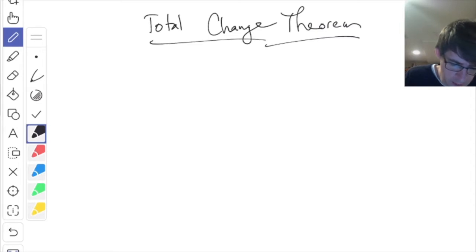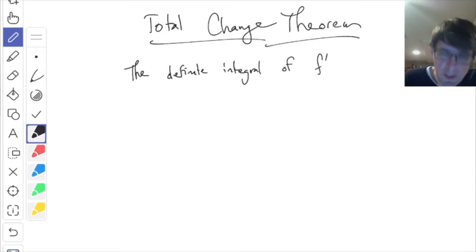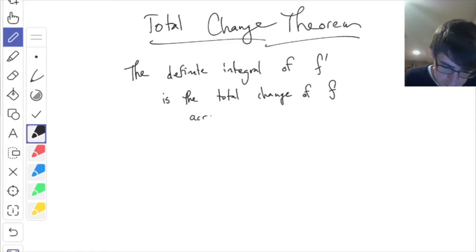punchline here is that the definite integral of a rate of change, that is f prime, if you have a derivative and you take the integral of that, the definite integral, that is the area under the curve, the area under the curve of the derivative is the total change of the original function across that interval.